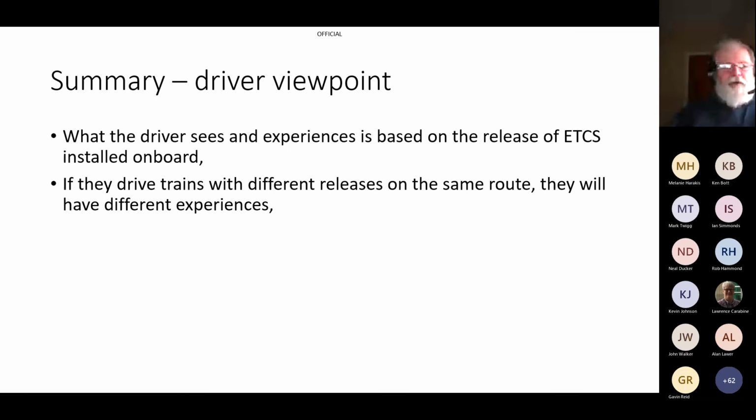However, if they drive different onboards with different releases of the onboard system on the same route, each time they travel on that route, they may get a different experience. So if you're driving a baseline 3 release 2 train, the colors on the DMI, when they change, the format of some elements of the planning area will be different to if you're driving an MR1 train on that same route. The core supervision stays the same, but some of the information displayed will change.